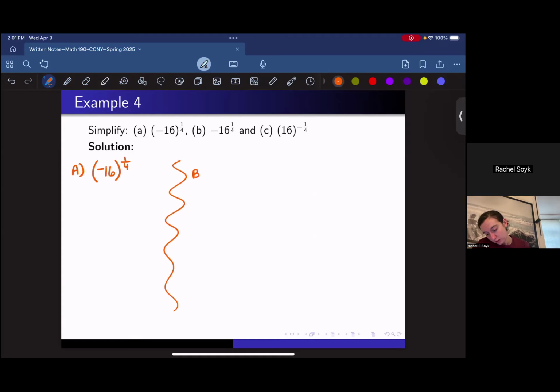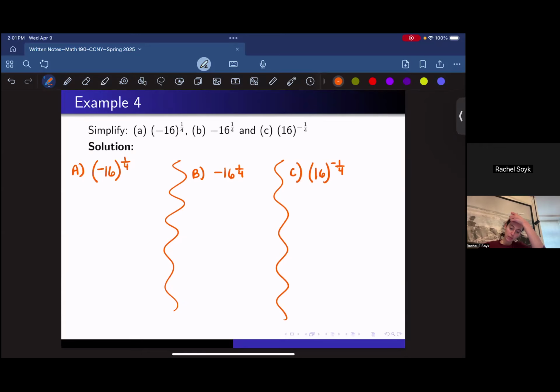We have A, we have B. So, first example, negative 16 raised to the 1/4. That's the same as the fourth root of negative 16.